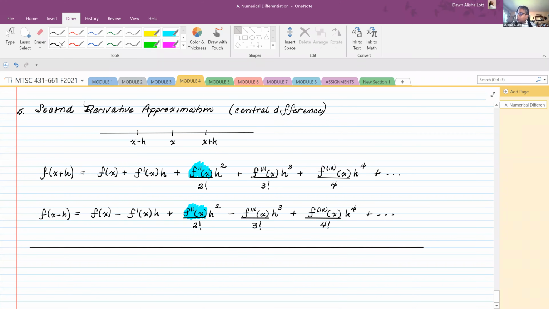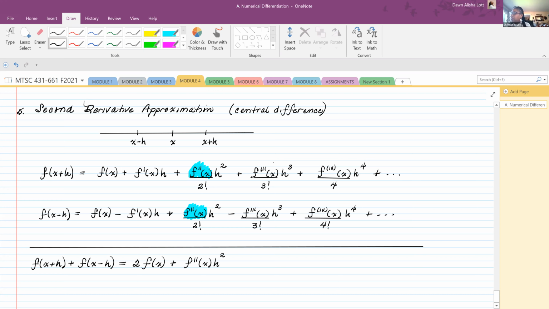So when I add those two terms together, I get f at x plus h plus f at x minus h is equal to 2 times f at x plus f double prime at x times h squared.